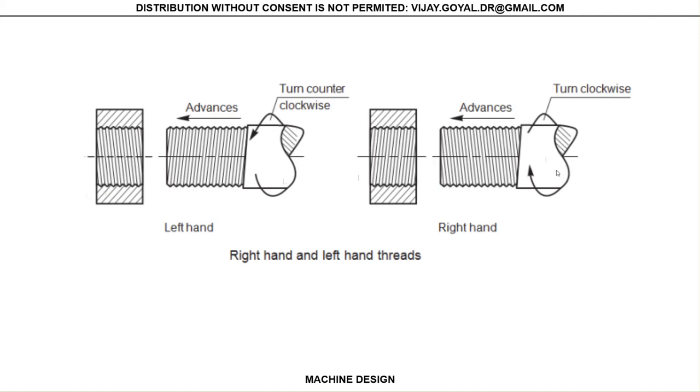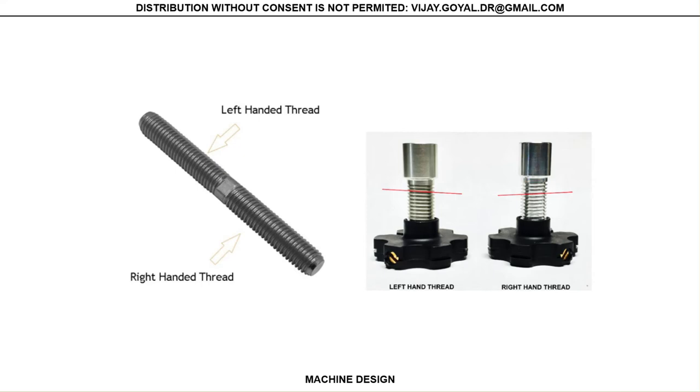One side will be right hand, the other one will be left hand, so it's easy for you to tighten it up. This is an example of that. You can see that you have one power screw, but one side is right-handed, the other one is left-handed.